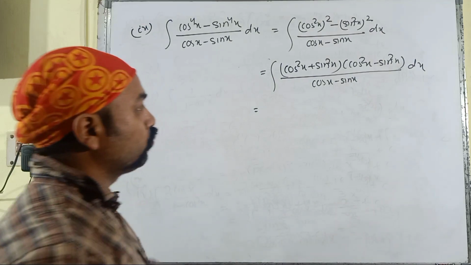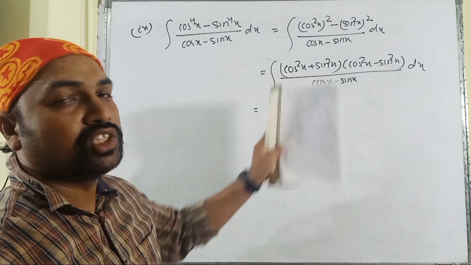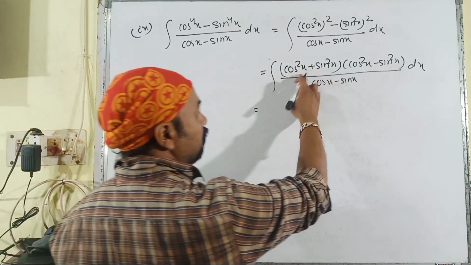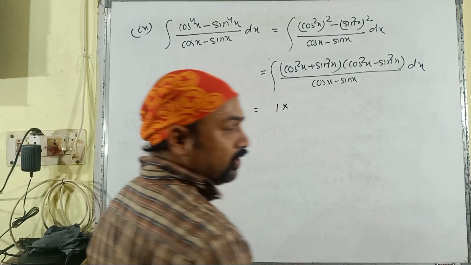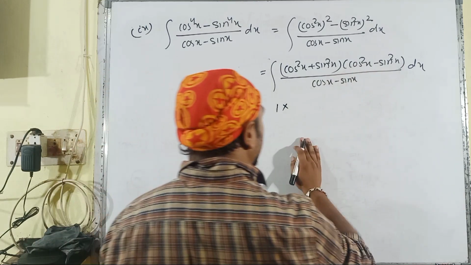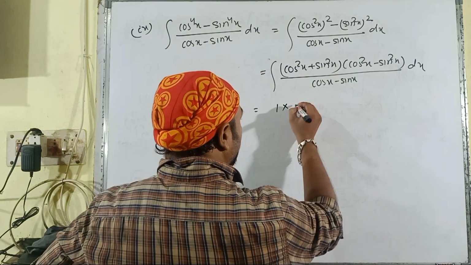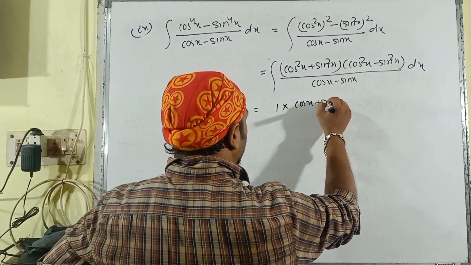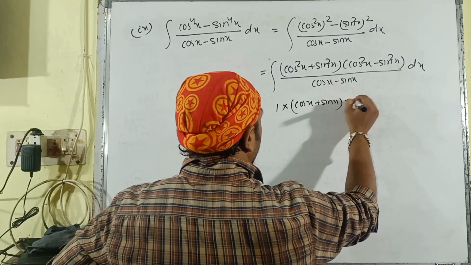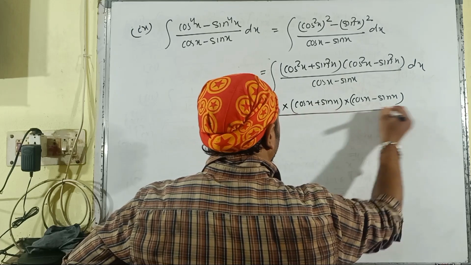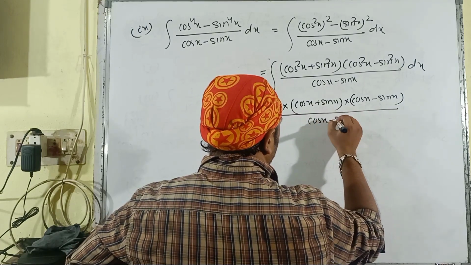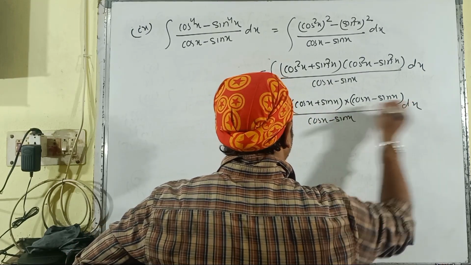The value of cos²x plus sin²x is 1. And again, it is in the form of a² minus b². Again, it will be converted into the form of (a plus b) into (a minus b). So, (cos x plus sin x) multiplied with (cos x minus sin x), whole divided by cos x minus sin x.